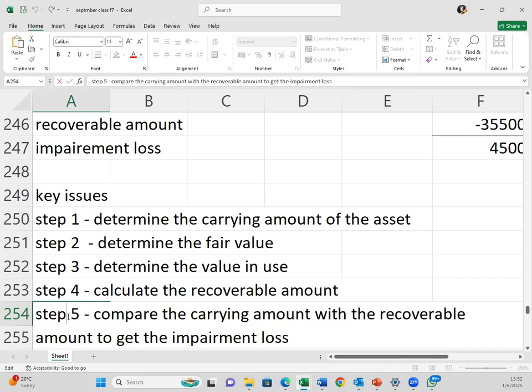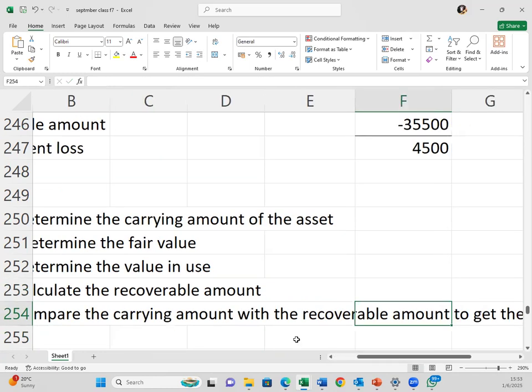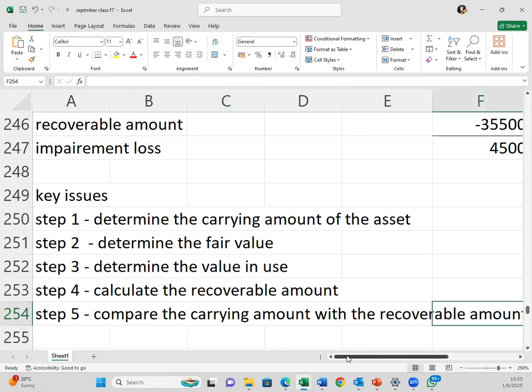So you compare the fair value and the value in use, the higher of the two is the recoverable amount. Then you compare the recoverable amount with the carrying amount. That will give you an impairment loss. That is how you work out the impairment loss.